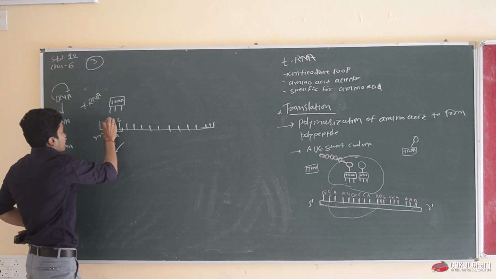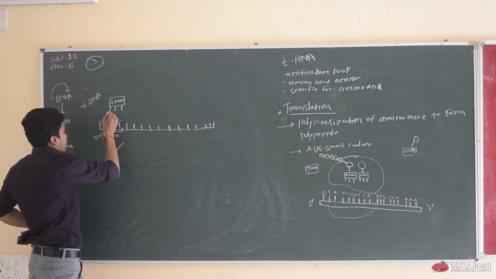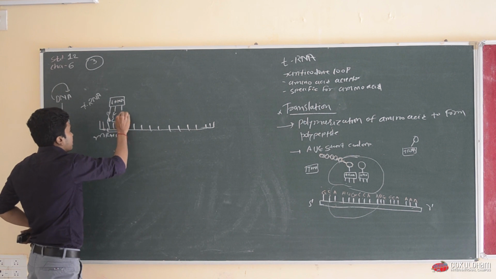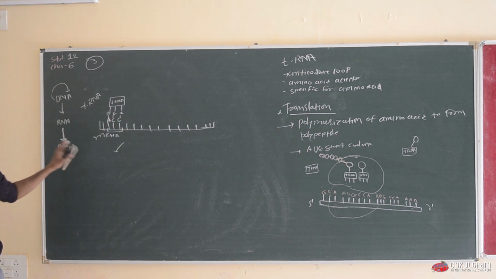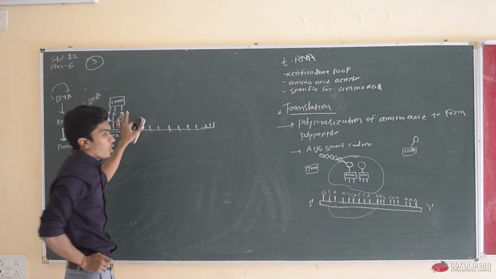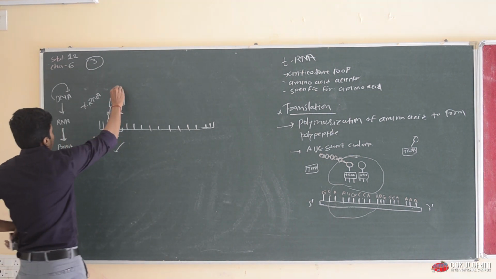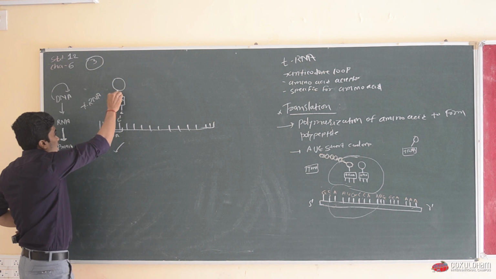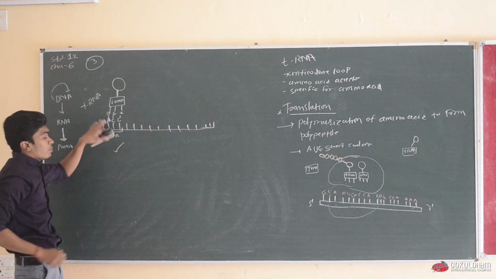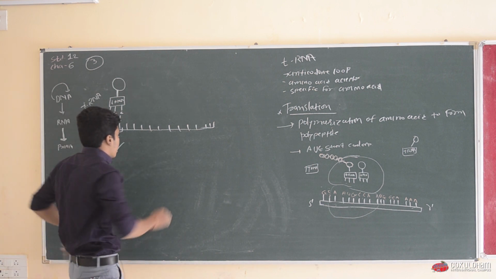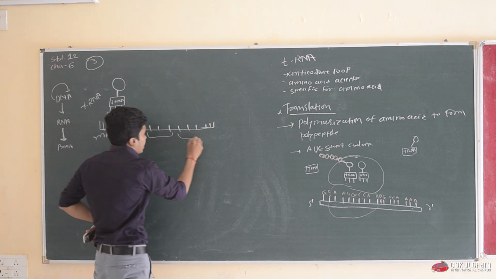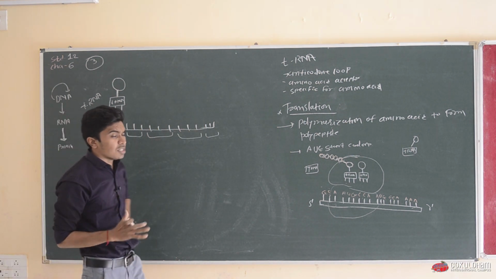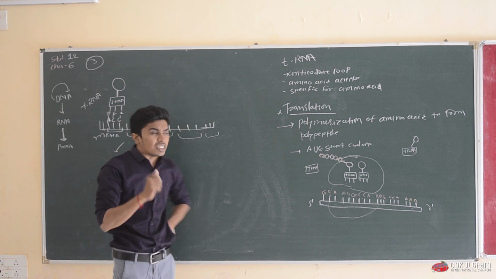For example, here C will bind with G, and G will bind with C. So tRNA has two different sides, one for the anti-codon loop and another for the particular amino acid. For each codon there is a specific tRNA, and this tRNA carries different kinds of amino acid.